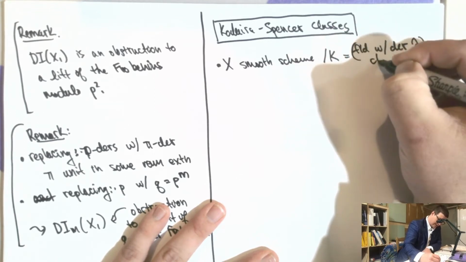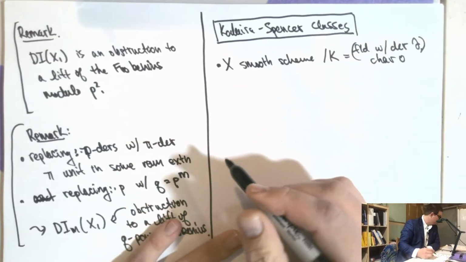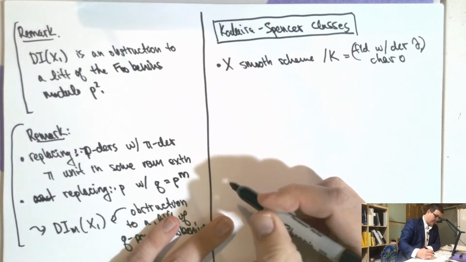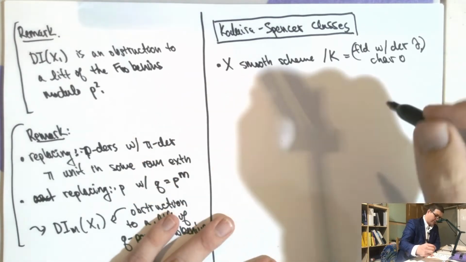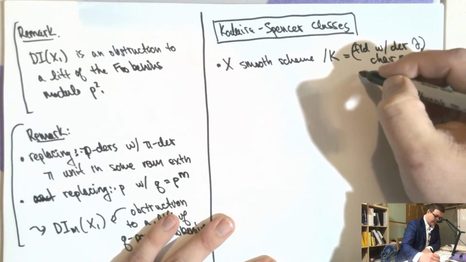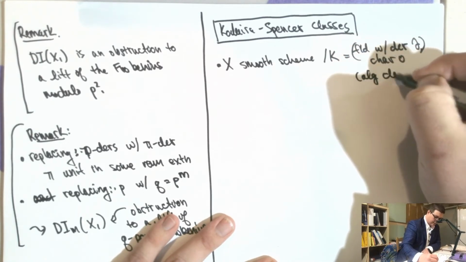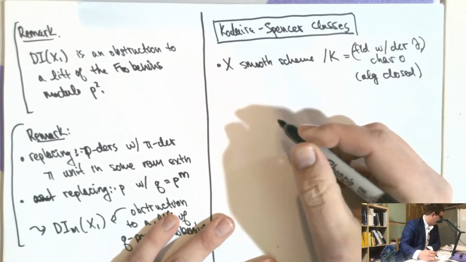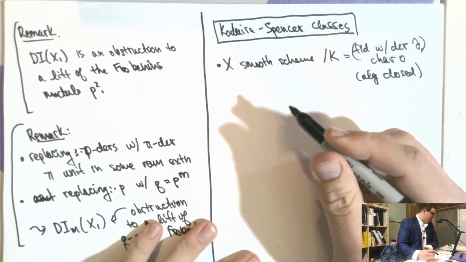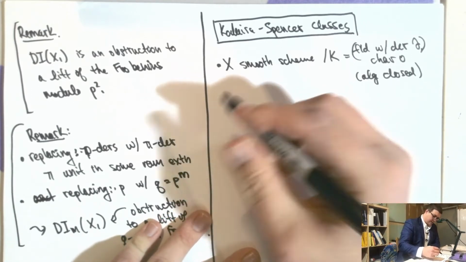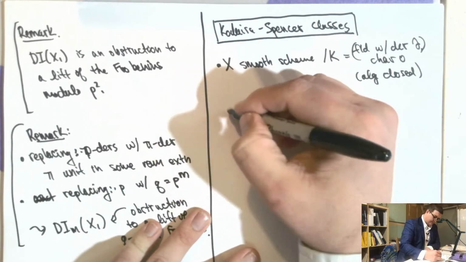Let's say it's characteristic 0, and we'll also suppose that it's algebraically closed. Okay. So in the Kodaira-Spencer construction, you do the same thing.